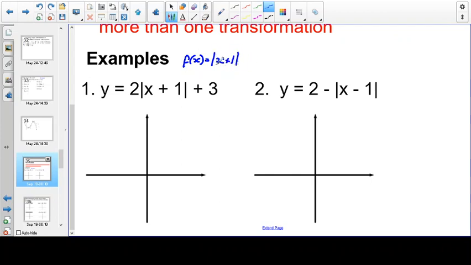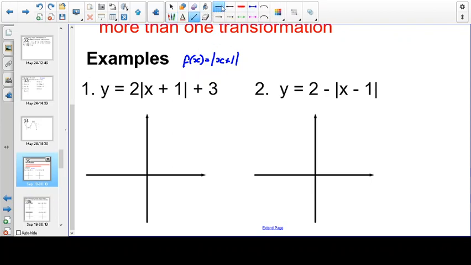So sketch that first and then adapt it. And if need be, draw 3 different diagrams, because obviously you're going to have to think about what this looks like to begin with before you do anything. Okay, so modulus x plus 1.